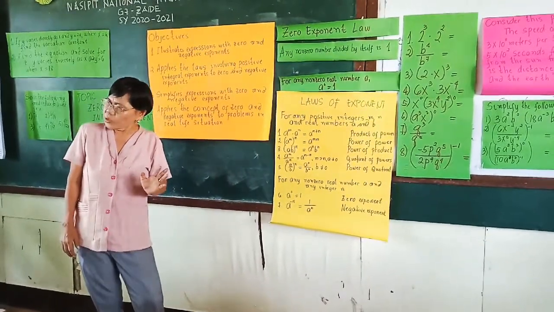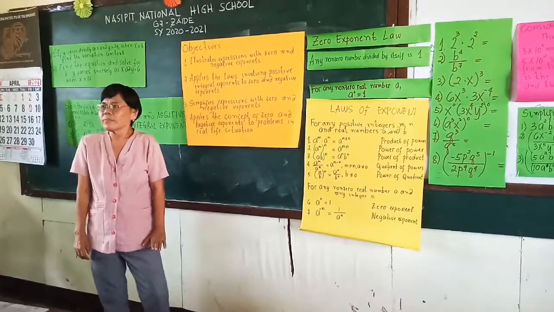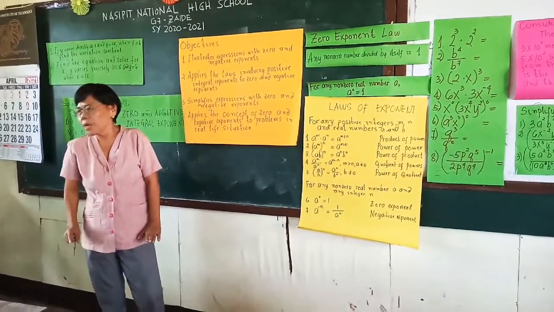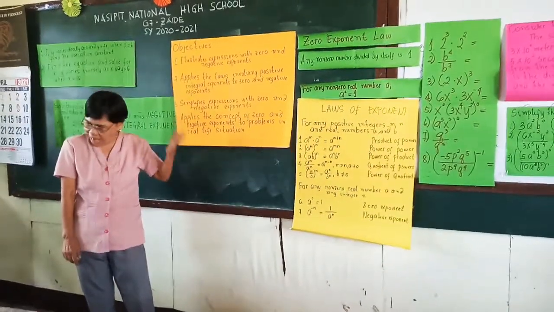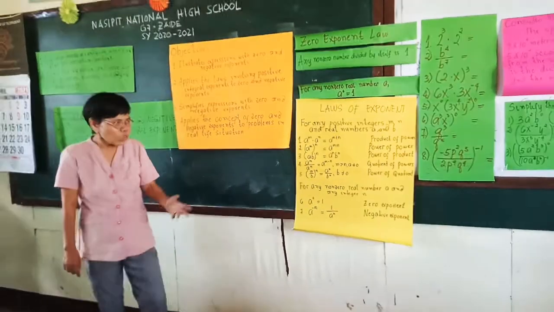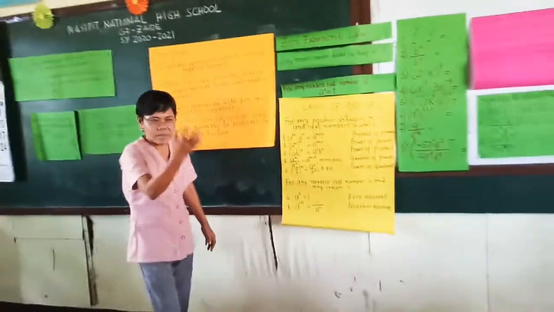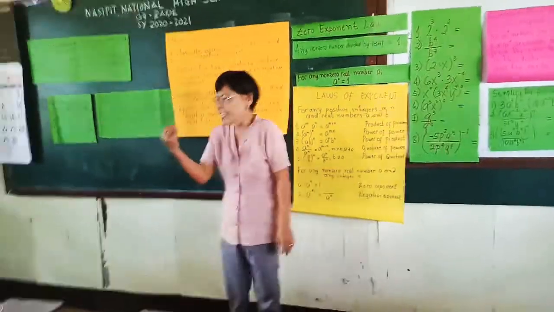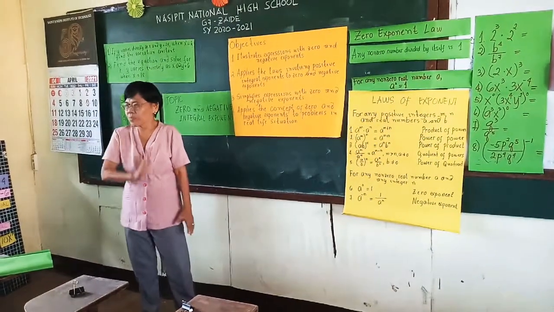So when we talk of accurate, have you encountered this in your English subject, from elementary up to your grade 9? I know that you have already encountered this word accurate. So what do you mean by accurate in your own idea? Any idea? Yes, right, correct, and exact. Yes, very good.